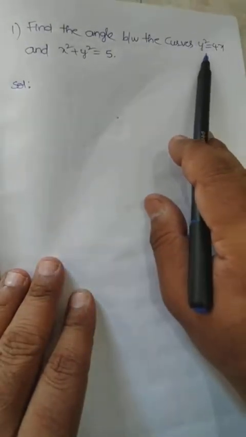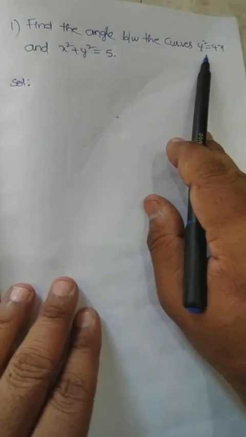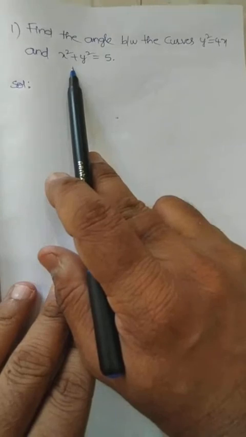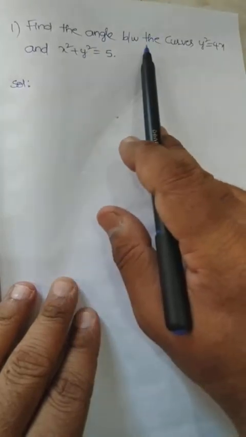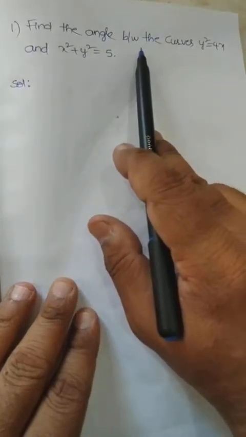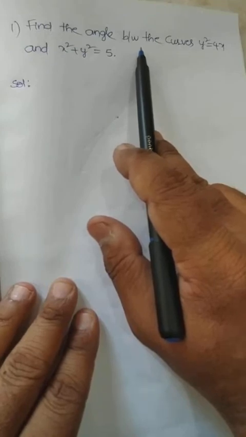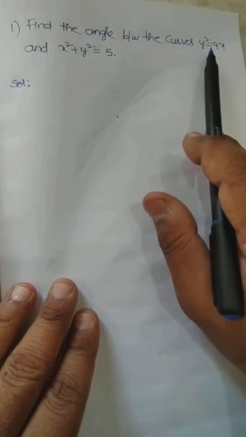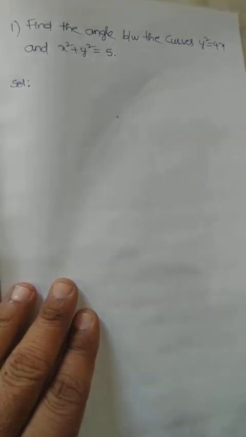This dy by dx is m1 and this dy by dx is m2. But we require p, so we first have to find at which point these two curves are intersecting.